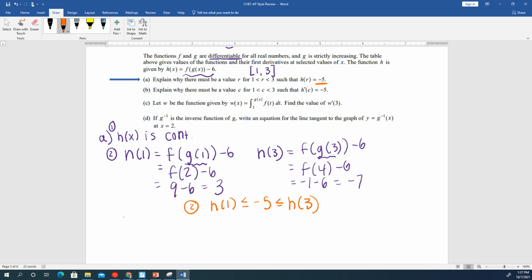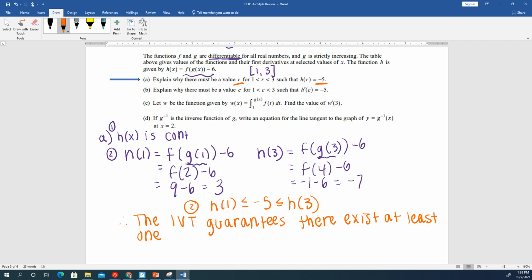So therefore, the intermediate value theorem guarantees there exists, or there is, at least one, I'm just going to use the variable they used, r, such that h of r would be negative 5.